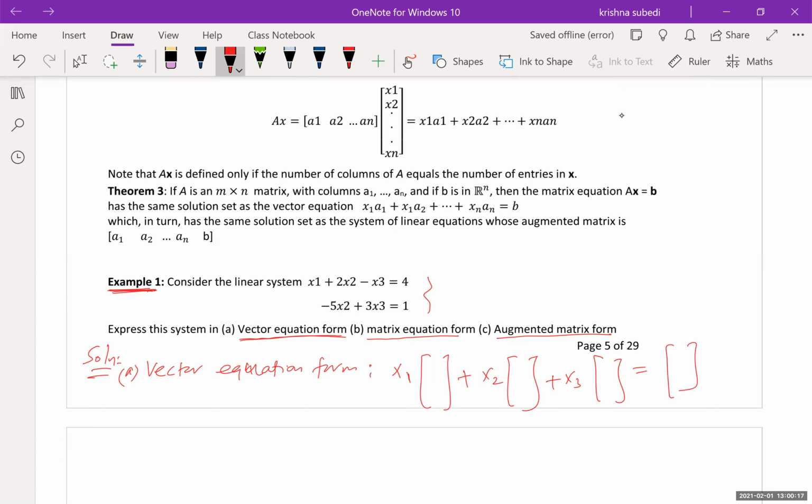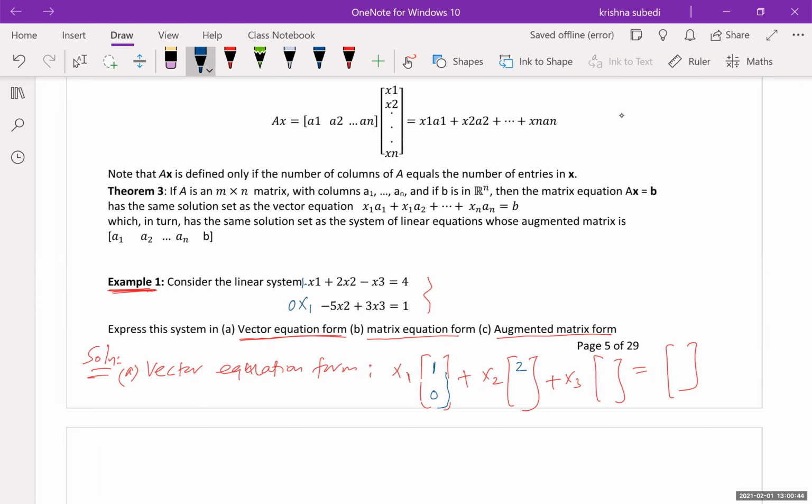Okay, so in vector equation form, for x1, we have a coefficient of x1 in the first equation as 1 and -5. And the second one is for x2, the coefficient is 2. Oh, sorry, this one is 1 and 0. Okay, there is no x1 in the second equation, so this is 0x1. So this is 1x1, here 0x1 in the second one.